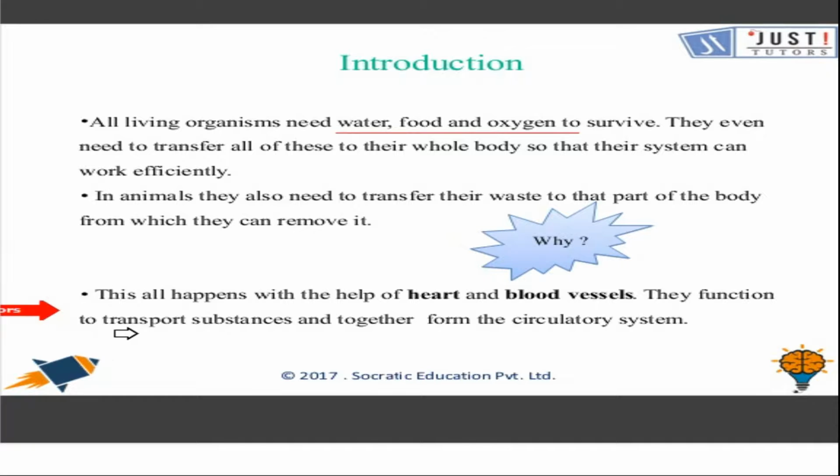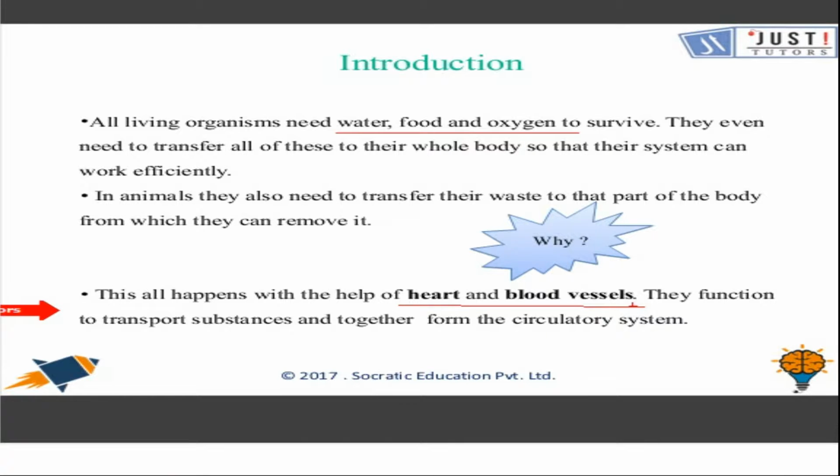All this happens with the help of the heart and blood vessels. These are the 2 main important components that help the whole circulatory system work. They function to transport substances and together form the circulatory system.